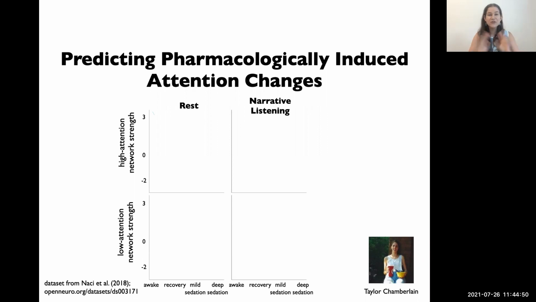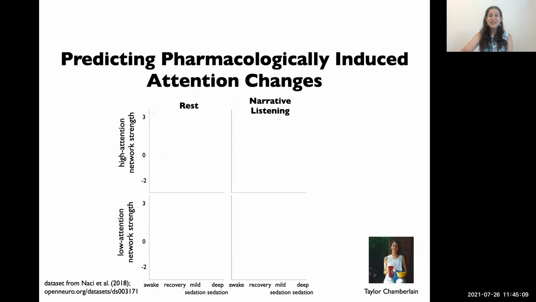They have these data collected while people were resting during MRI scanning. And they also have these same conditions collected while people were engaged in a naturalistic task, while they were just listening to a narrative, which was the dialogue from the movie Taken. So it was like a short clip from the movie.